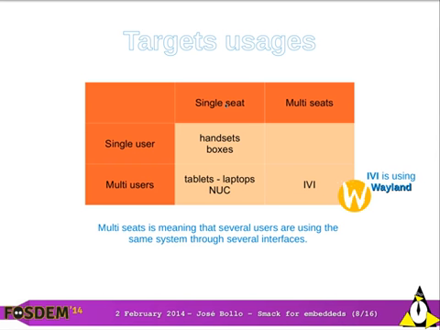For multi-user and single seat, we will find tablet, laptop, etc. And for multi-user and multi-seat, we find a very special case, that is the in-vehicle infotainment, where all the passengers can interact with the infotainment system. IVI, the infotainment, is currently using Wayland that allows multi-seat interface.